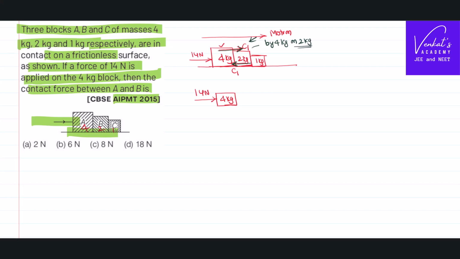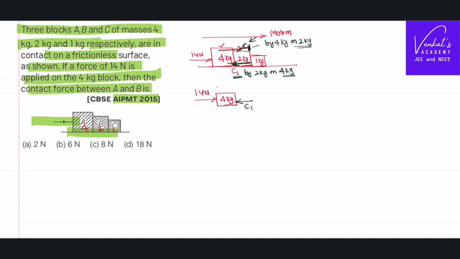We shall consider that only when studying the motion of 2 kilogram. Look at this bottom one. This C1, the reaction, is applied by 2 kilogram acting on 4 kilogram. Since we consider the forces acting on the body, never the forces applied by the body, this C1 has to be counted, and the other shall not be counted while we are studying 4 kilogram.